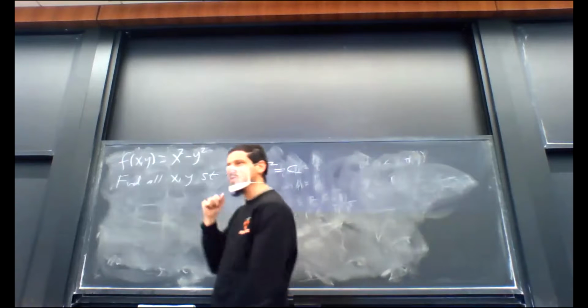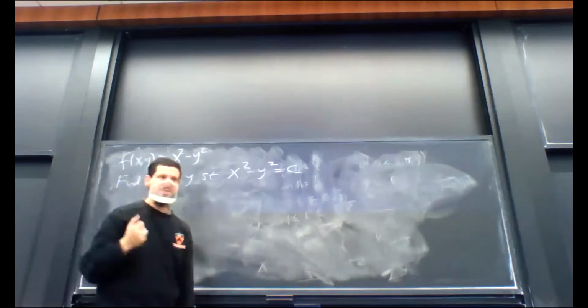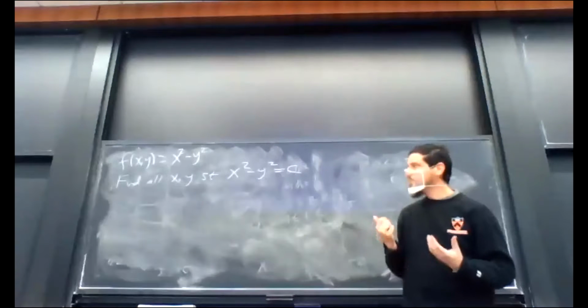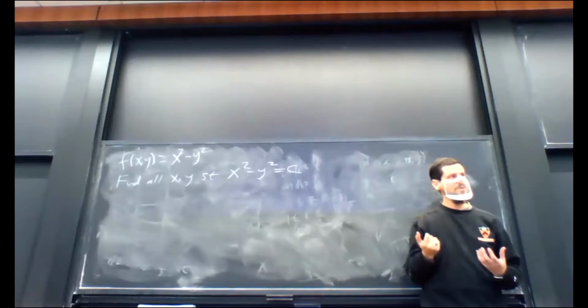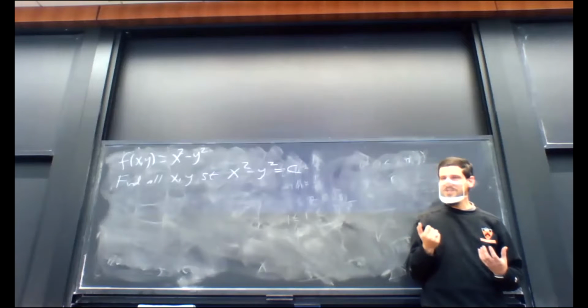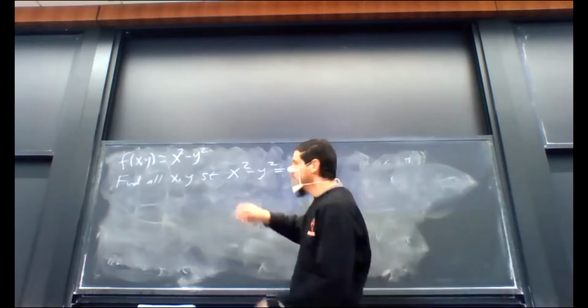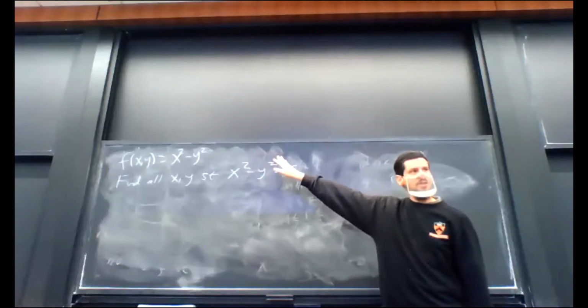X squared minus y squared equals 9. Give me a point that works. 3, 0. Now you have c. Give me a point that works for x squared minus y squared equals c, where c is a positive number. Square root of c, comma 0. So if c is positive, just take y to be 0, and it's no trouble at all.